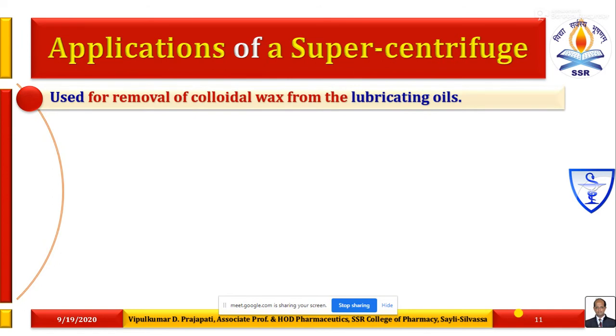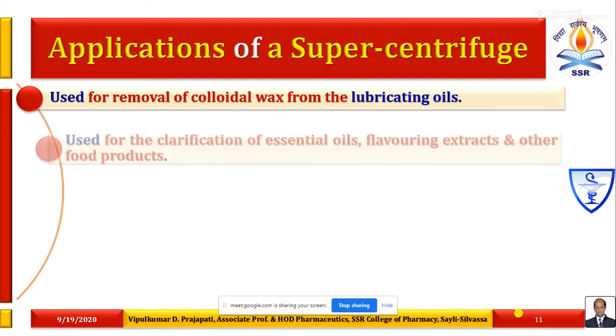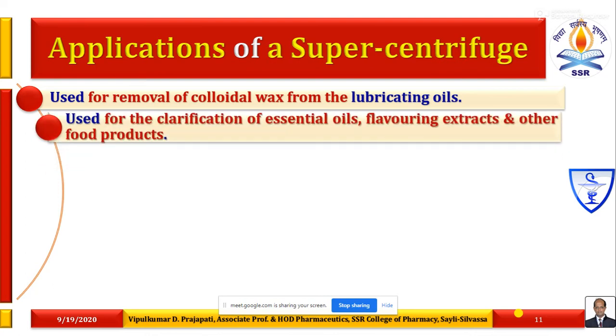It is also used for the removal of colloidal wax from lubricating oils. So colloidal wax can be easily removed from the lubricating oils in liquid form. It is also used for the clarification of various essential oils, flavoring extracts and other food products. So it is widely used for the clarification unit operation.